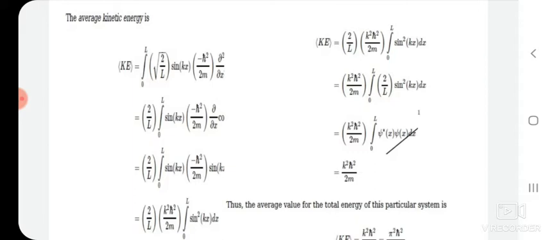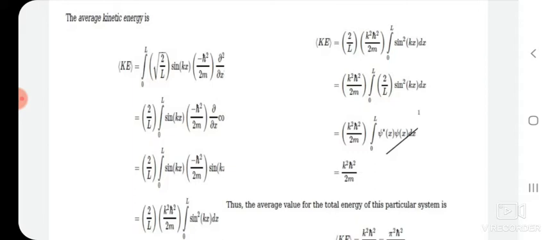Our particle lies inside that box, the length of the box is 0 to L. That's why integration 0 to L square root of 2 by L sin kx into minus h cross square by 2m dou square by dou x square.